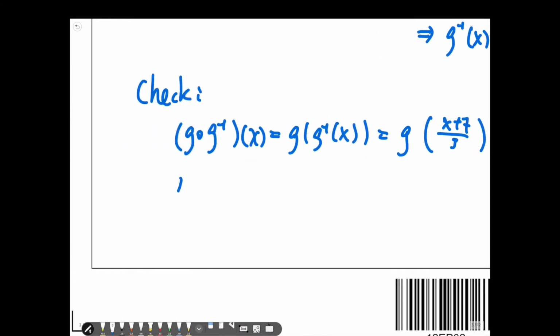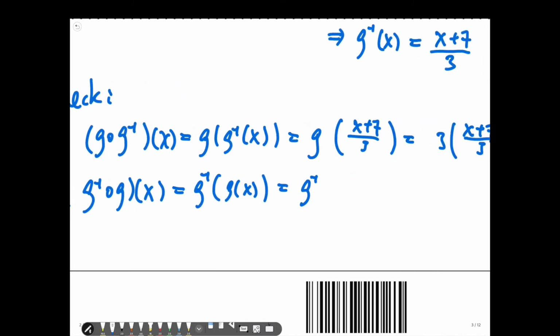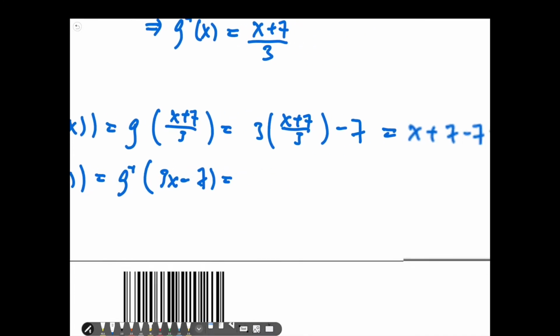And then I will show the inverse function of g applied to g of x. The inverse function, keep that, and g of x is equal to 3x minus 7. Then I plug g of x into the inverse function.